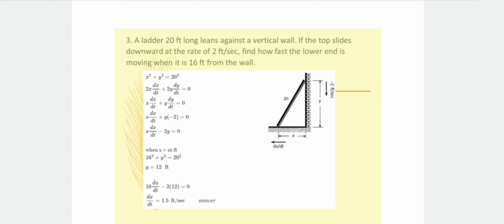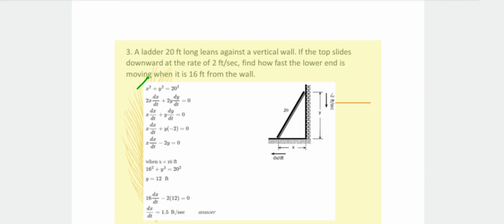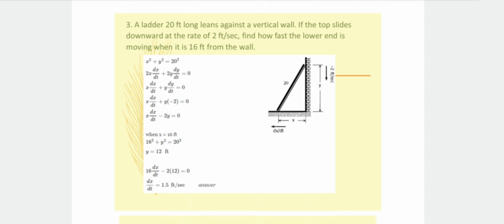Okay. So when x is equal to 16 feet from the wall, we substitute that into our original equation, since we have the given x. So y is 12 feet. We substitute that, and you will now have dx over dt of 1.5 feet per second.